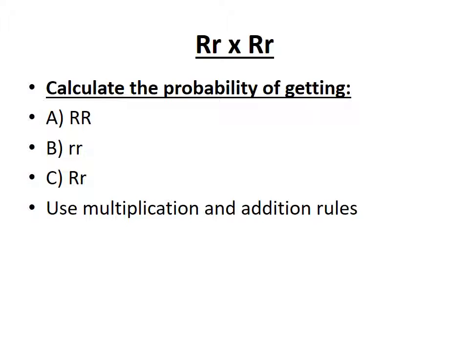So I've included some more practice problems for you to attempt on the following slides. I'll put the answers there, but you should try them using the probability rules. So you should pause the video, try it out using probability rules.